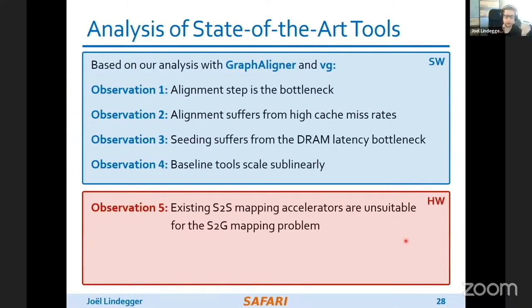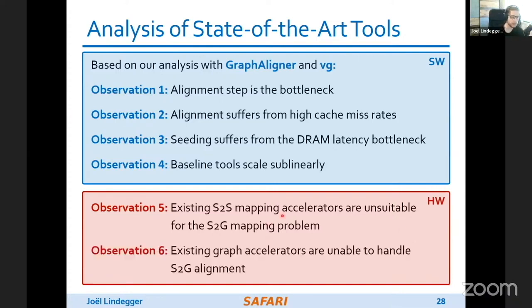Like you can try to come up with schemes of how you can kind of reuse them partially, but at the end of the day, sequence-to-graph mapping is a strict superset of the operations you need than for sequence-to-sequence mapping. So basically, sequence-to-sequence mapping just cannot handle those indirect edges, the hops in the graph. So you cannot use the existing accelerators.